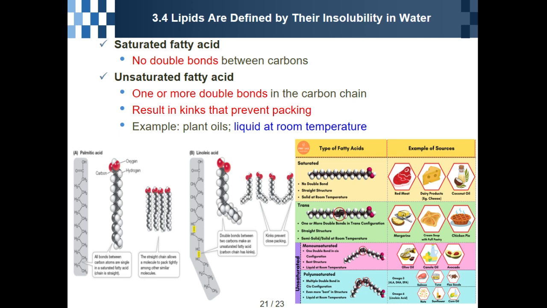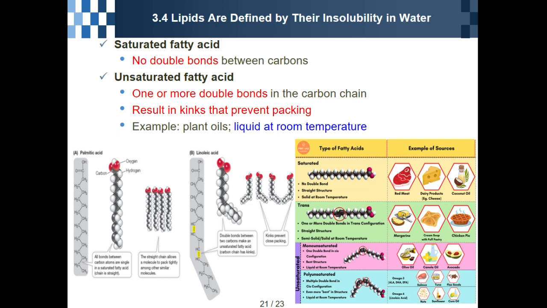But whenever a double bond happens, they will make a kink like this. So unsaturated fatty acid has 1 or 2 double bonds in the carbon chain. We call it a kink. So it can prevent packing.